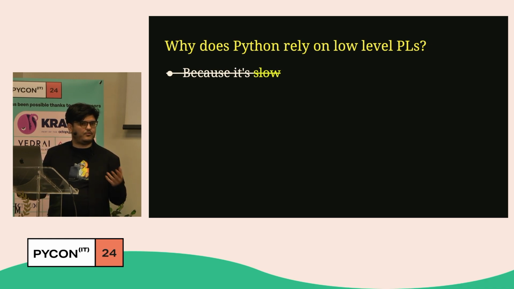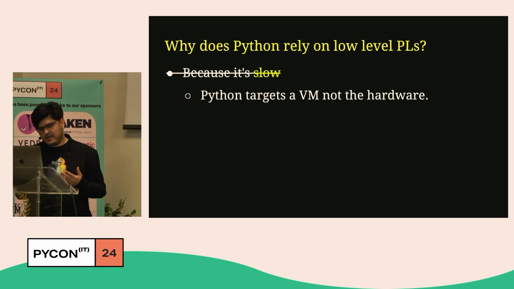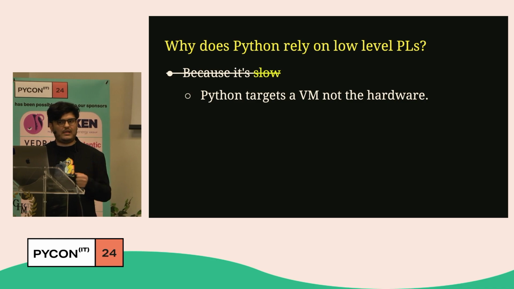And I'll try to provide you with two reasons, in my opinion, why Python relies on lower level code and on lower level programming languages. And the first one is because Python targets a virtual machine, not the hardware. So when you write Python code, you're pulling levers inside of a virtual machine, and the language syntax makes it easy to do that. And it doesn't make it as easy to instead have precise control over the hardware because of the way Python is designed.